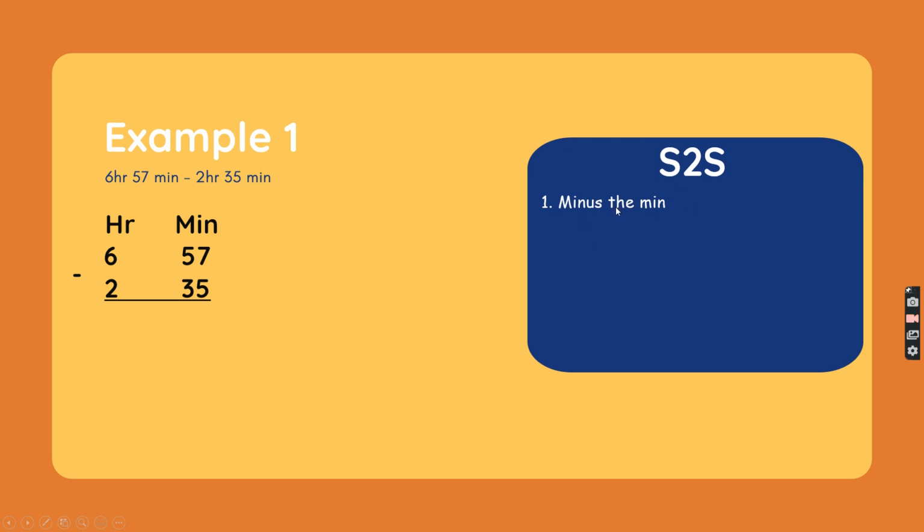We're going to minus the minute first, as the first step says. We're going to be focusing on this one. 7 minus 5 gives us 2, and 5 minus 3 gives us 2. So the answer is 22. Now, bear in mind that step 2 said if it cannot be minus, then we take 1 hour from the hour.